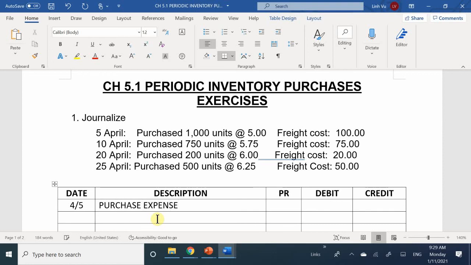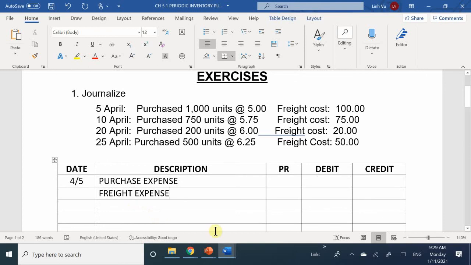And then we have freight expense. Okay? And I said that we assume that we're paying with cash. So what's my credit account going to be? Good, cash.